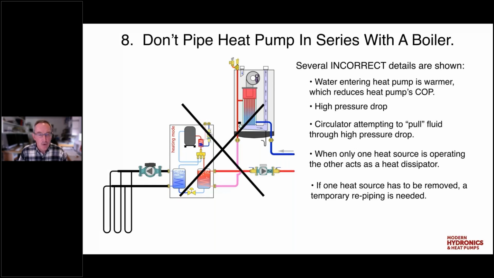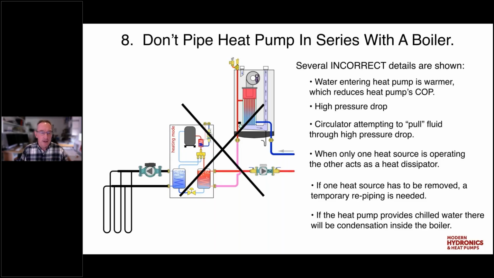If you had to remove one of these for service, you're going to have to come up with some kind of temporary piping, because there's only one flow path here. And then finally, if the heat pump was providing chill water for cooling, you're going to pump chill water through the boiler, and that's just going to cause condensation inside the boiler, which you don't want to do. So again, stay away from series piping with multiple heat sources.